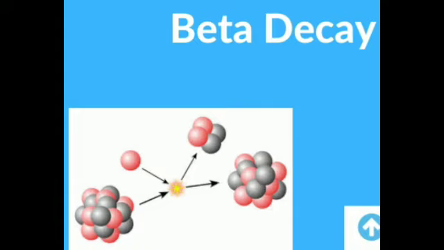In beta minus decay, the atomic number of the nucleus increases by 1 but the mass number remains the same. This decay is represented by X with Z and A gives Y with Z plus 1 and A, plus e minus.